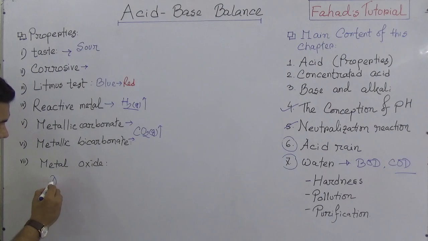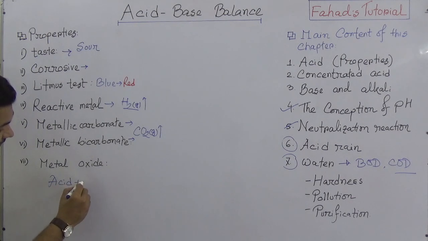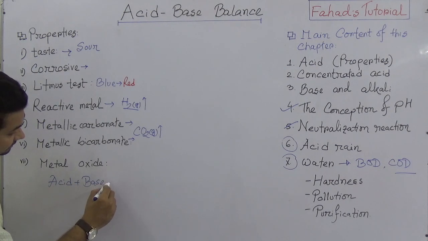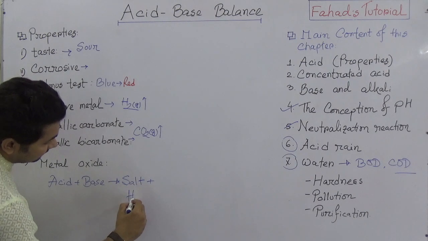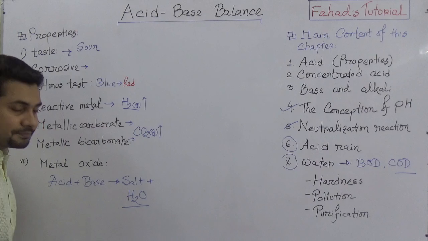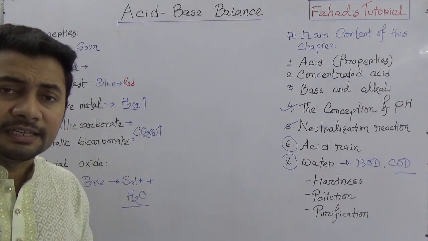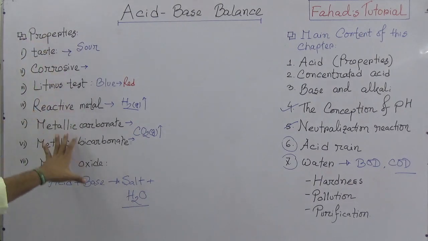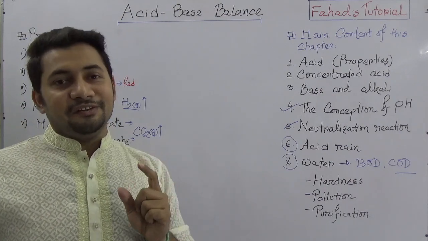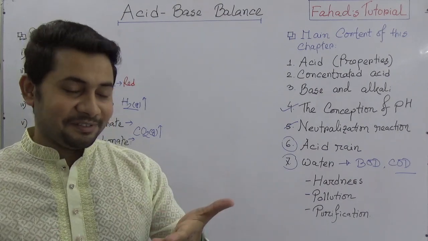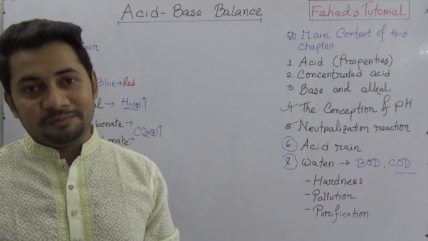So we must say that when acid undergoes reaction with a base, then it produces salt and water. So primarily you can say these are the properties of acid, and this is very important because if you see these questions in the paper, you must answer properly.